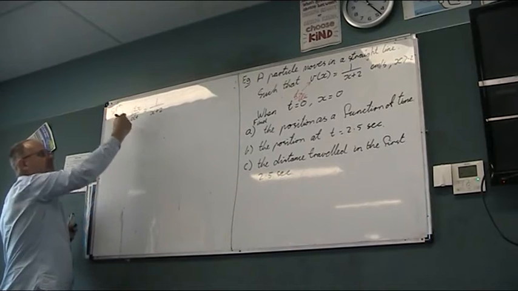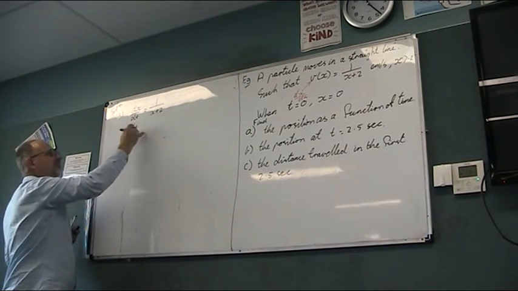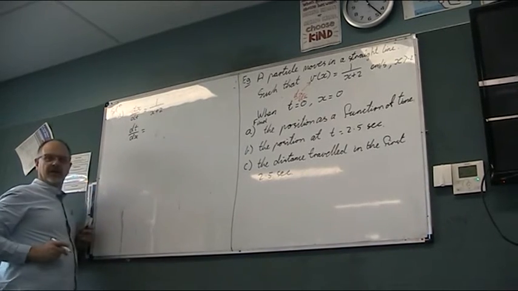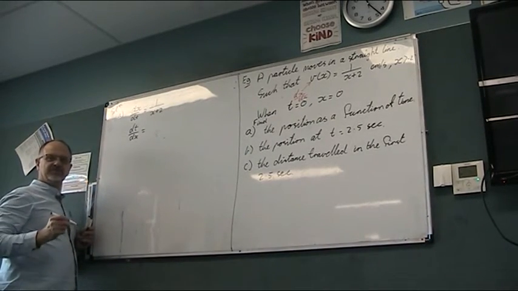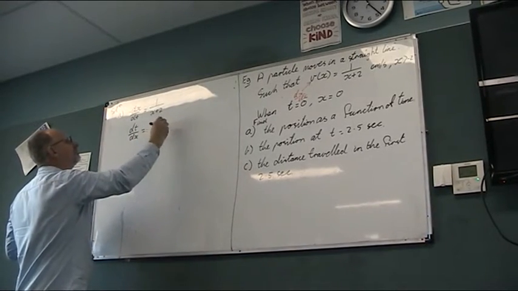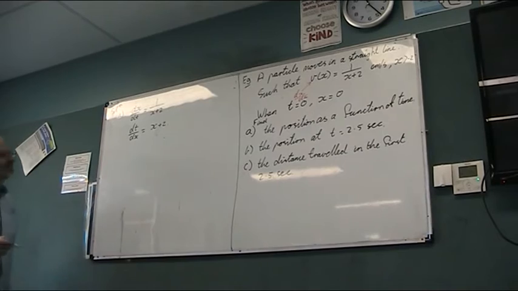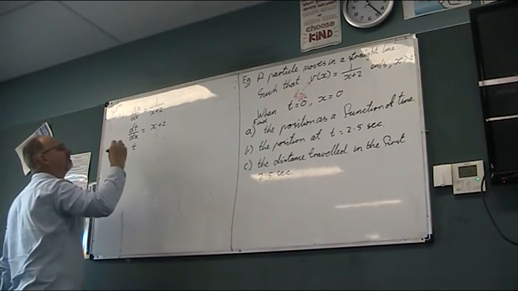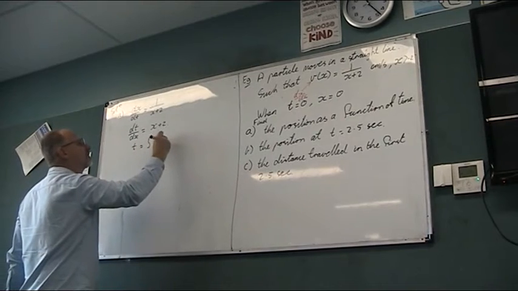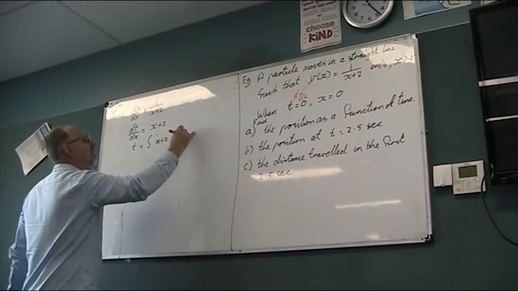So what we do here is we flip, so dt/dx, and 1 on x plus 2 becomes x plus 2. All right, so now we can anti-differentiate. Time would be the integral of x plus 2 dx.